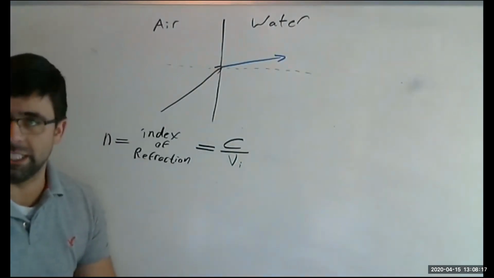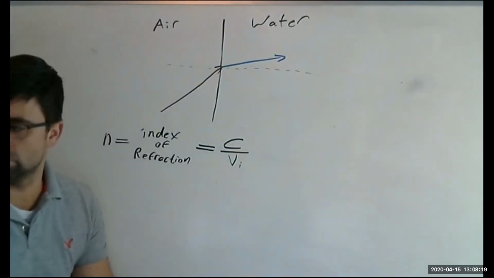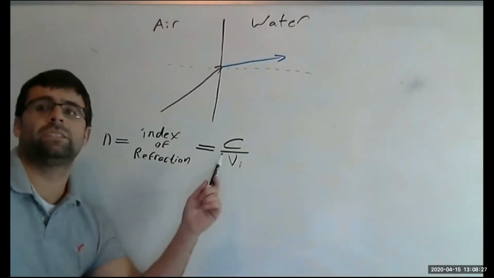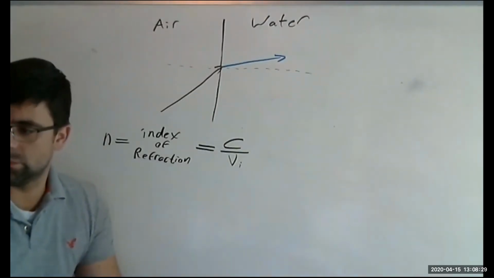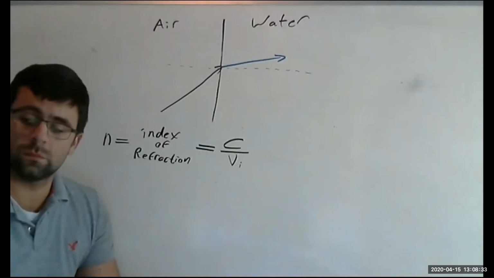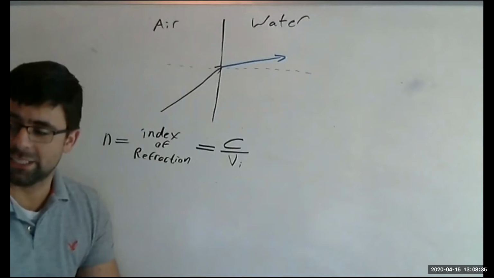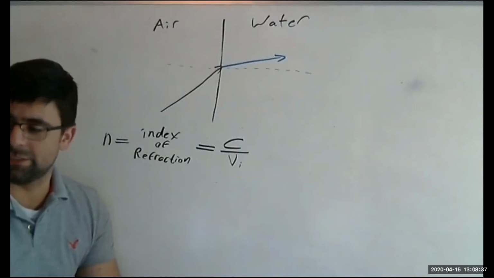So what is c? Say it again. What is c? A constant. The speed of light. There you go.